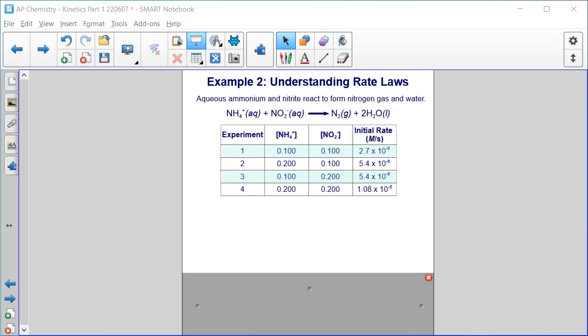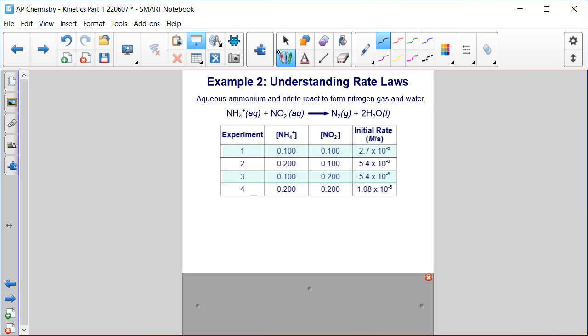All right, now let's figure out what order this reaction is with respect to the nitrite reactant, NO2 minus. So I've highlighted here experiment 1 and experiment 3 because the NH4 concentration is remaining constant. So we're only studying an effect or a change on one reactant at a time here.